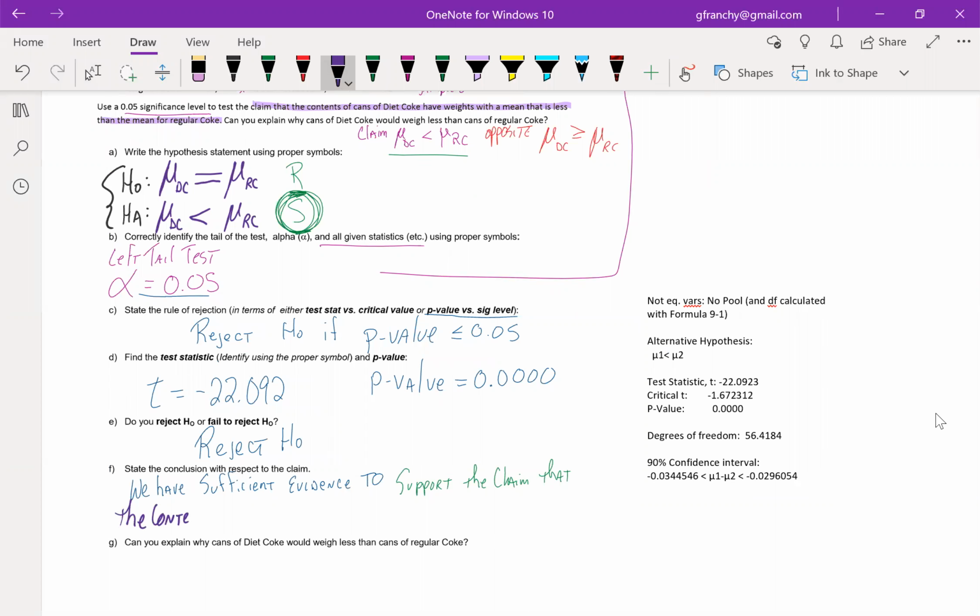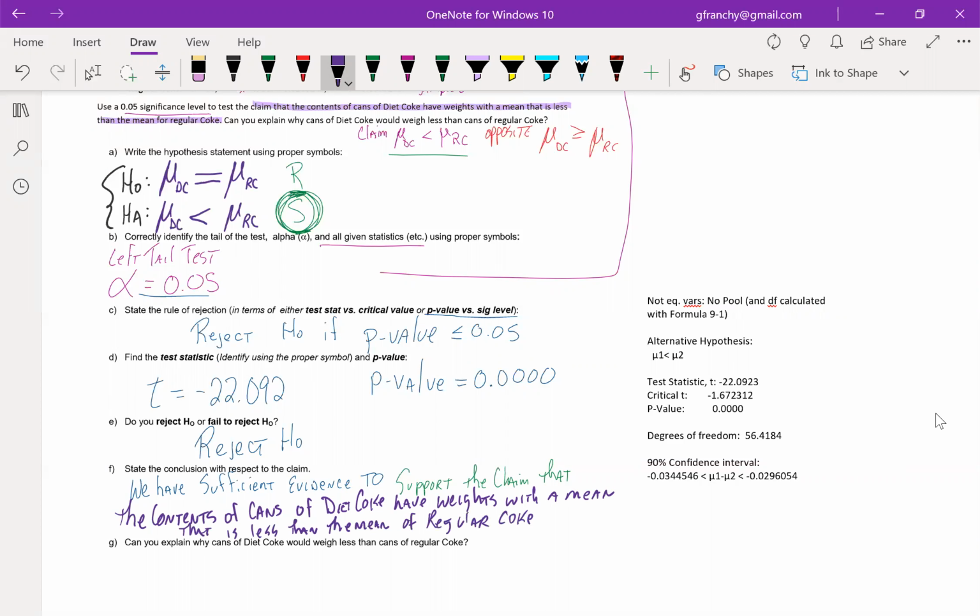The contents of cans of Diet Coke have weights with a mean that is less than the mean of regular Coke.